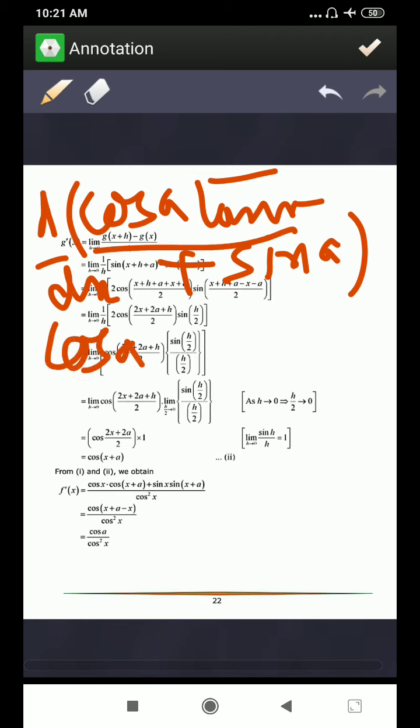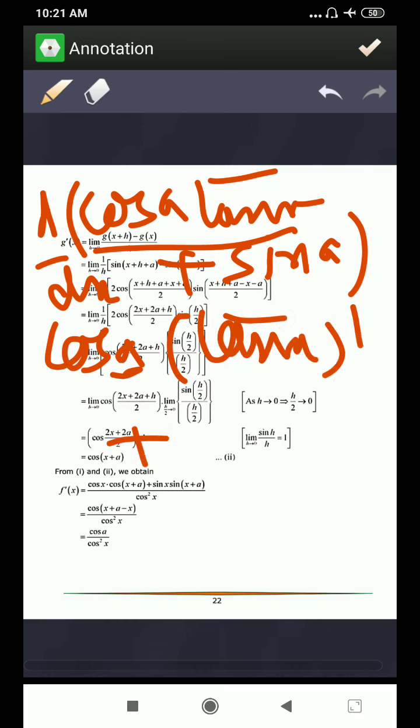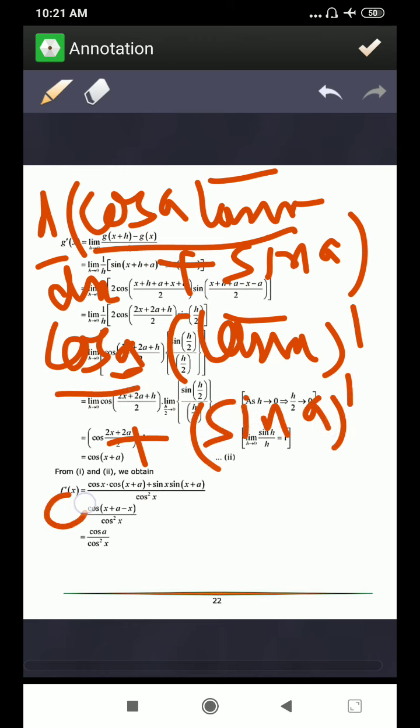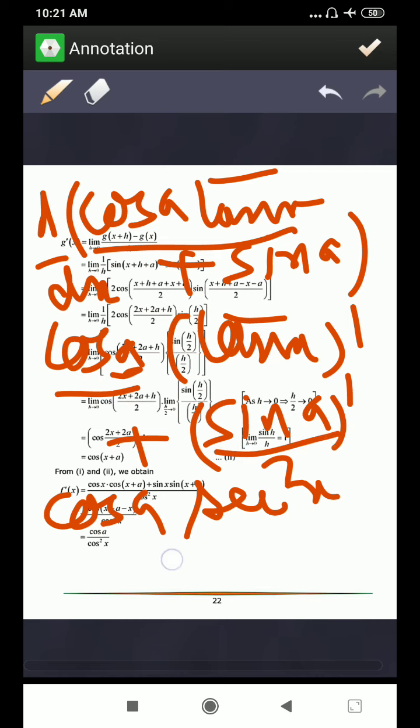Keep in mind, don't consider this as a variable. So cos a as it is, derivative of tan x is sec square x, and sin a is a constant, so its derivative is 0. So cos a sec square x is your final answer.